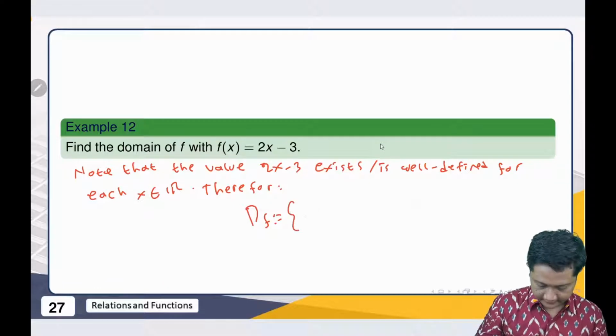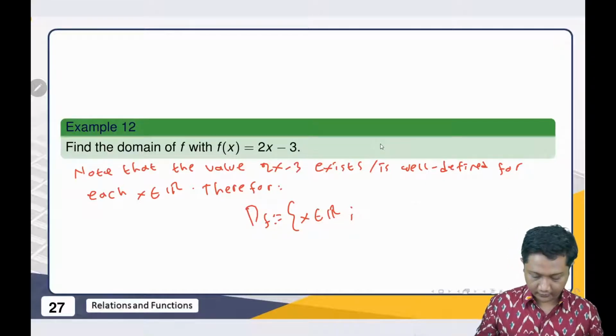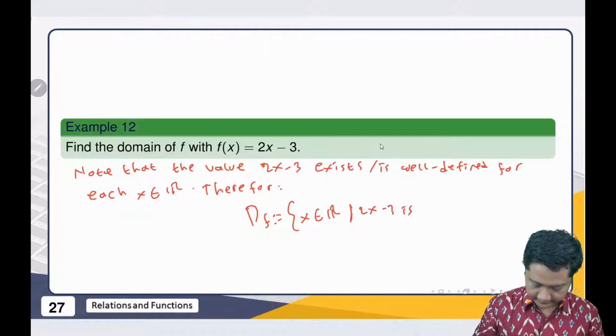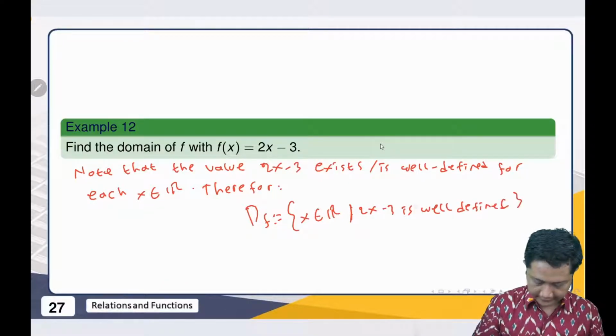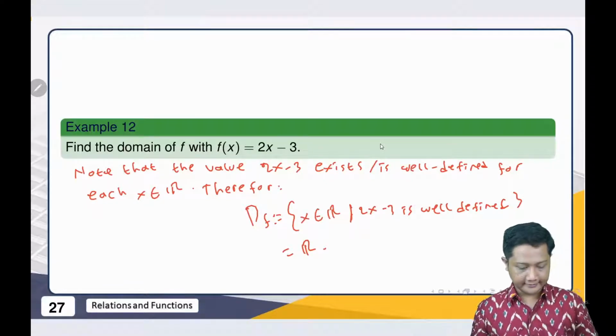Every real number will be the domain of f. So we have x in R where 2x minus 3 is well defined. That will give us D_f equal to R. So hopefully that's clear enough.